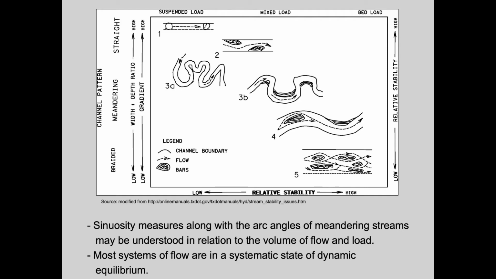If you look back on the left-hand side of the diagram at a generalization regarding the channel pattern itself, and you move from the bottom of the illustration to the top, you will note that there will be an assumed change or fluctuation in things like elevation, and ultimately there will be an assumed fluctuation in terms of the ratio between the width and the depth of a system of flow.